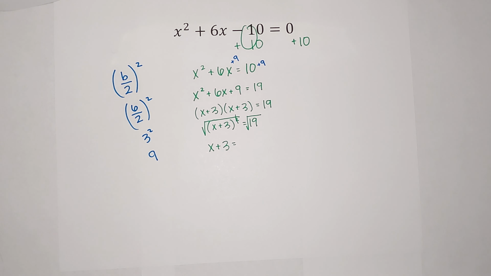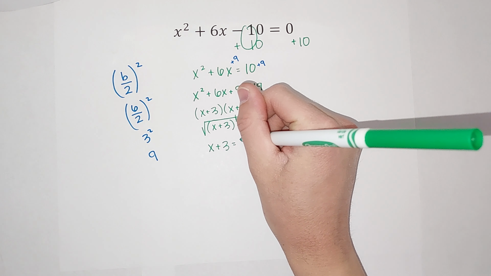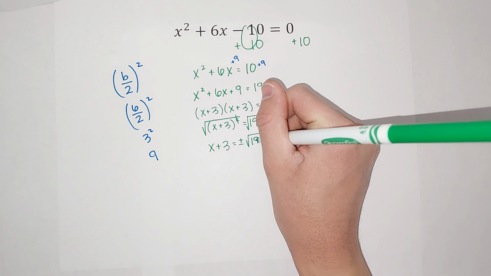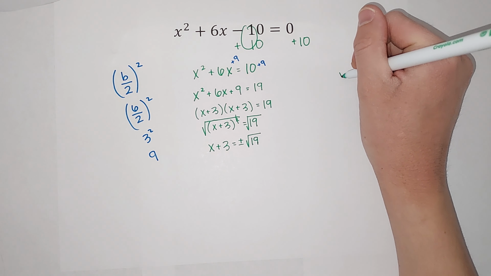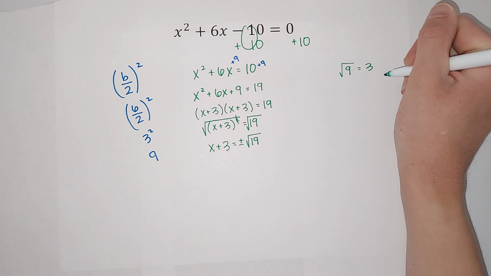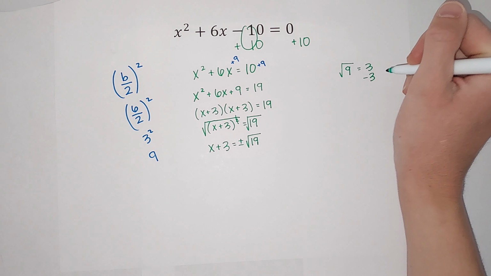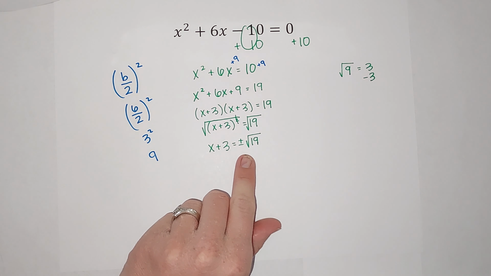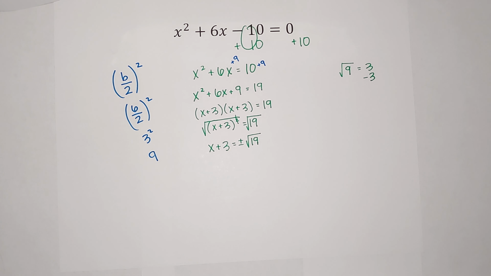But the one thing that we do need to remember is whenever we introduce a square root, we need to remember our plus or minus the square root of 19, okay? Why is that? That's because, say we have the square root of 9. 3 times 3 is 9, right? So it's equal to 3. But also, -3 times -3 is 9. So we need to represent both of those answers, which is why we have the plus or minus, okay?